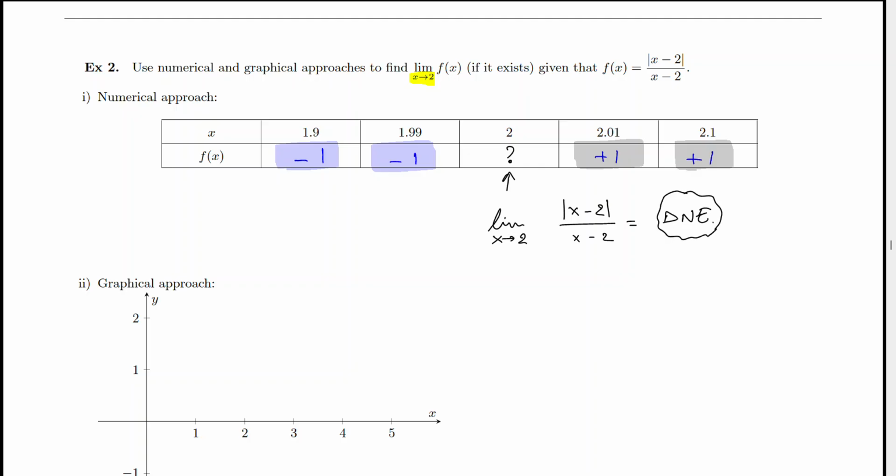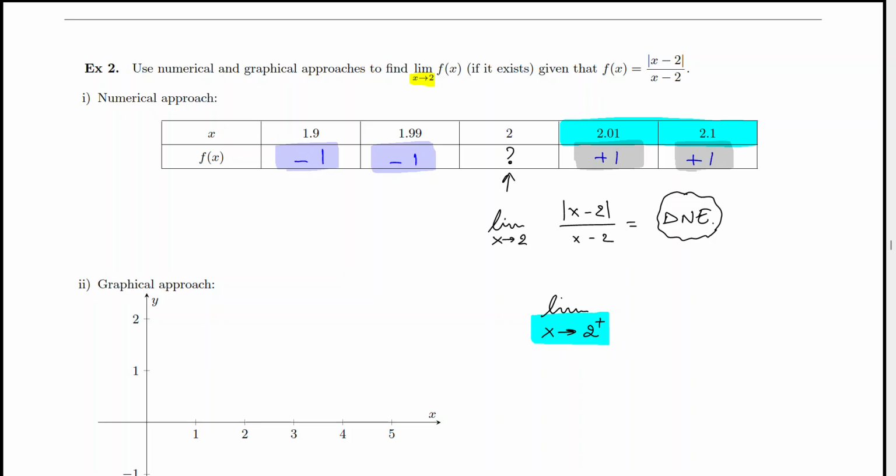Now, one thing we can say about this problem is that if I come on the highway where the numbers are slightly bigger than 2, so we're talking about all of these guys over here, we can say that that limit does exist. If I go only from one side on this function f of x, then all the answers point to 1.